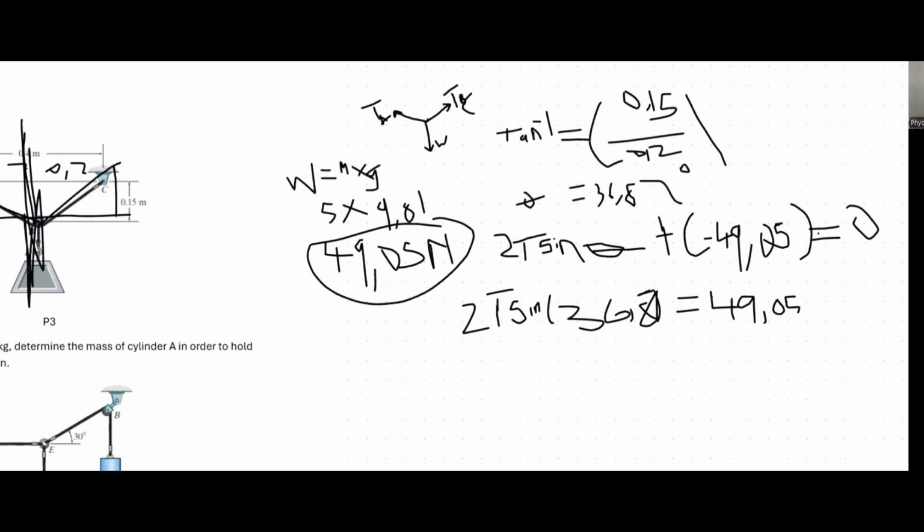Our answer is 40 point 88. We multiply this and we divide these to get these two mathematics.